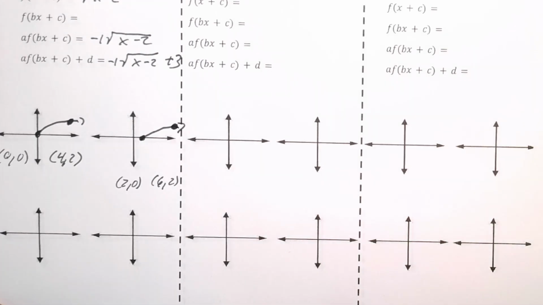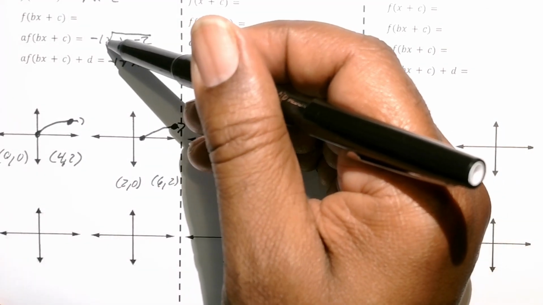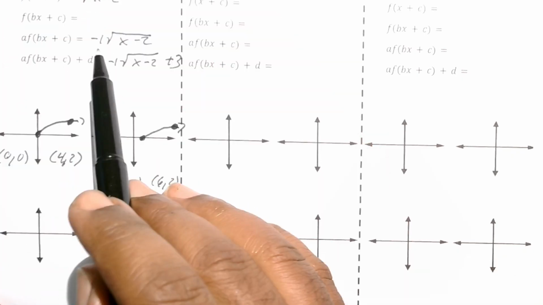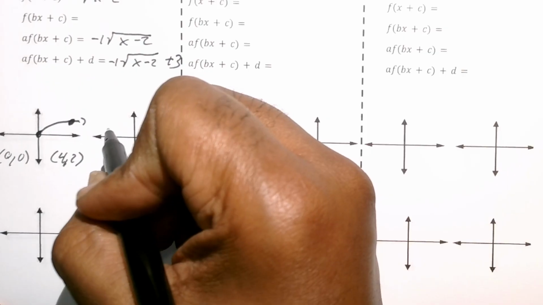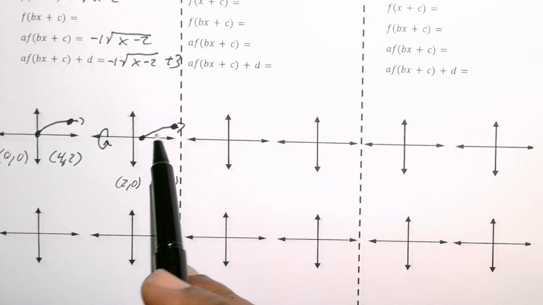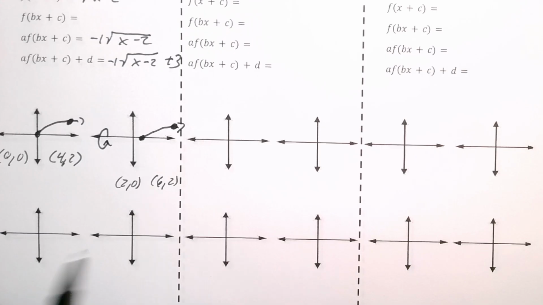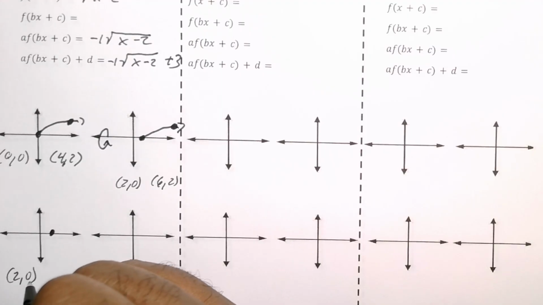All right, next. We want to now include the negative 1. Okay, got that done. The negative 1 is the a parameter. This is going to give us a reflection across the x-axis, the negative 1. So let's make a reflection here. The 2, 0 is going to stay 2, 0. So let's keep that right there, 2, 0.